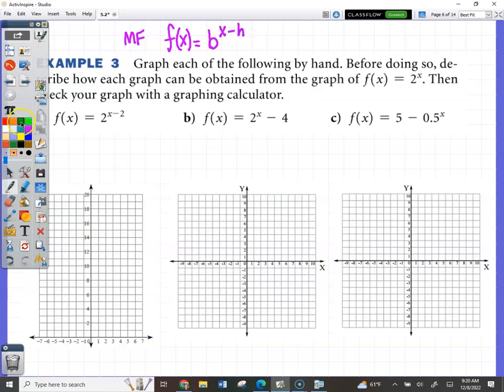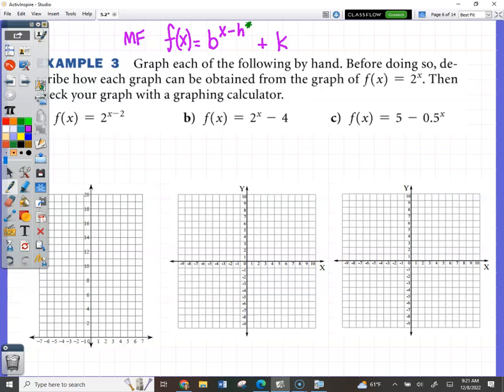And do y'all remember what the asterisk means? It means there's a sign change there, so be careful. Anything next to x is counterintuitive. So if it said 2 to the x plus 4, that would mean it's the mother function actually going left 4. And then sometimes there is something at the end where it just takes the whole graph and goes up or down, right?